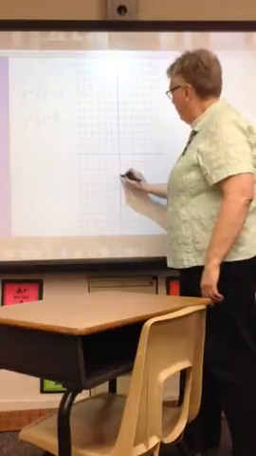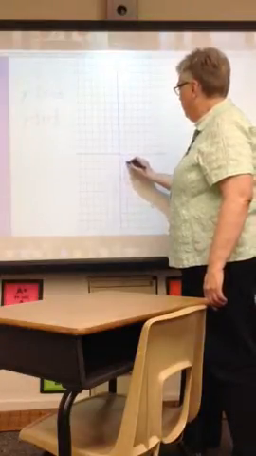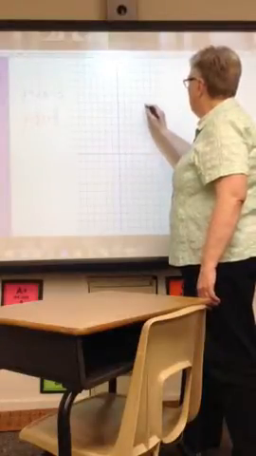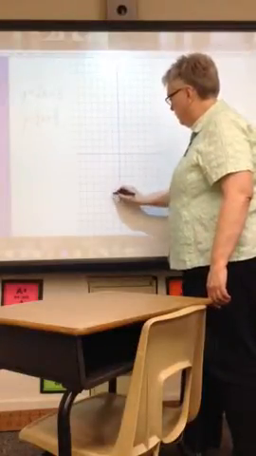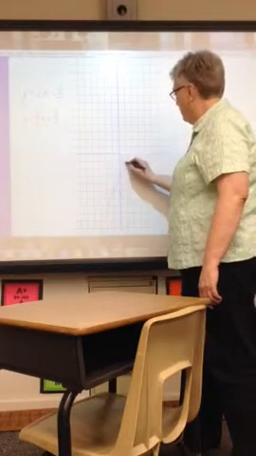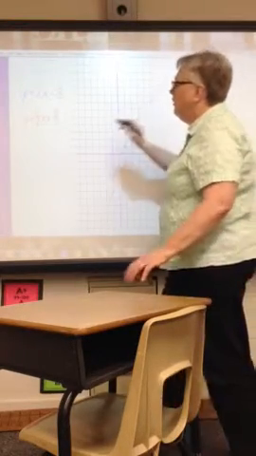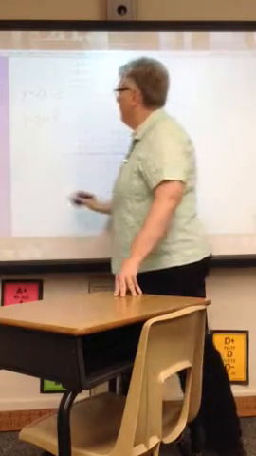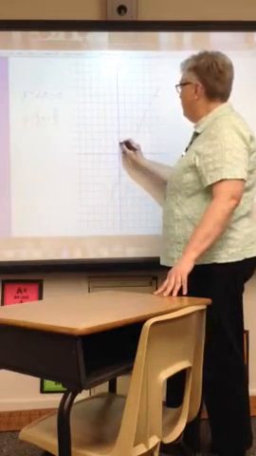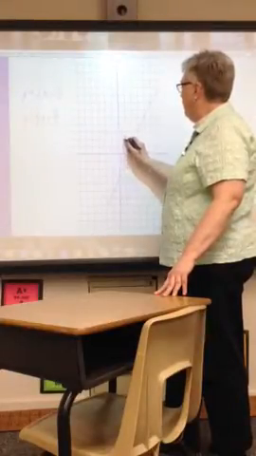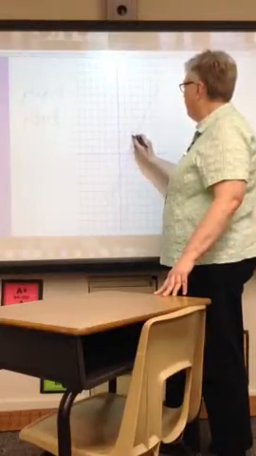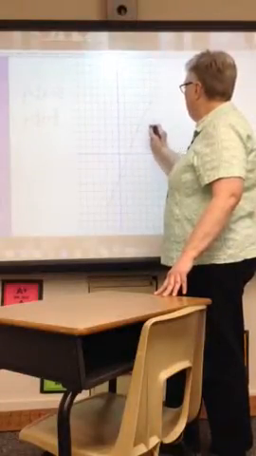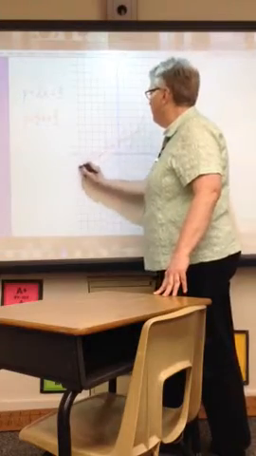So I would go to -3, then go up to over 1. Then I would go to the second equation, and I would start at 1.5, and go up 1 over a half, up a half over 1. And here is its line.